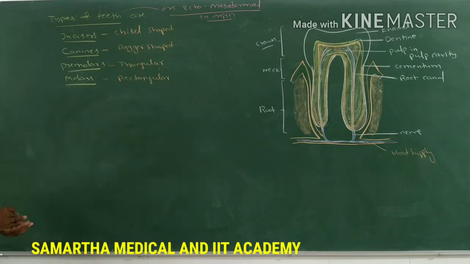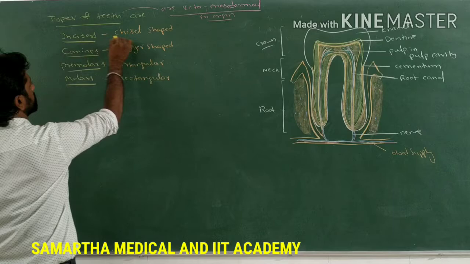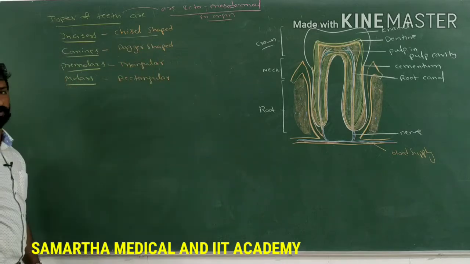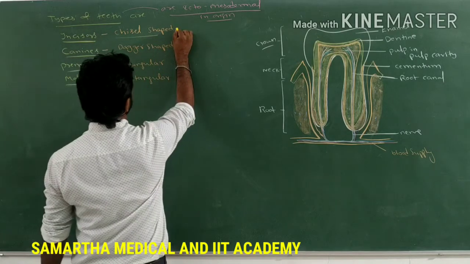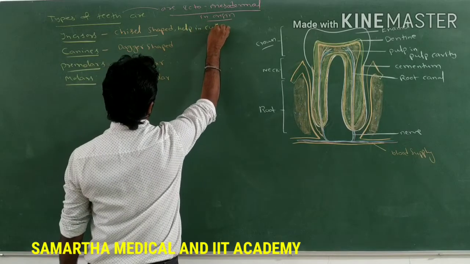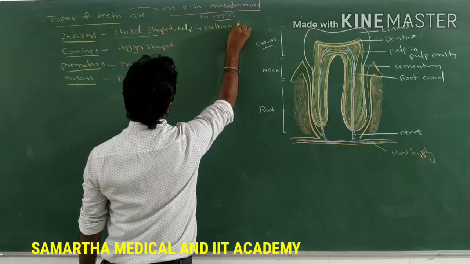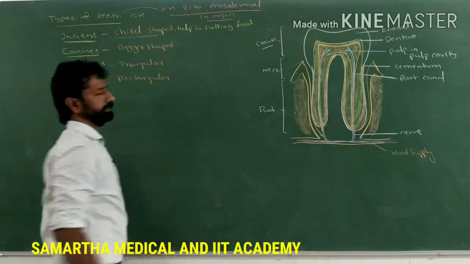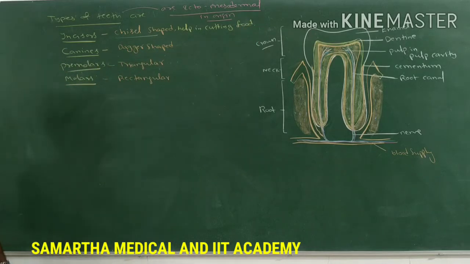Among these 4 different types, the incisors are chisel shaped, and being chisel shaped they help in cutting the food substances.